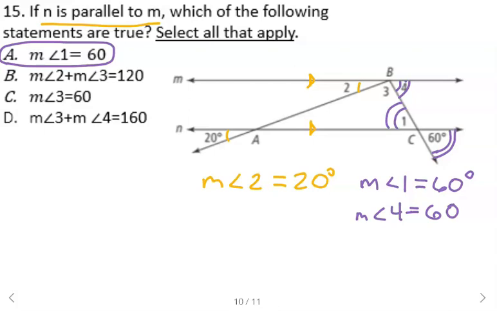Now, all three of these angles, 2, 3, and 4, would have to add up to 180 since they all together make a straight angle. And I know that the measure of angle 2 is 20, and the measure of angle 4 is 60.